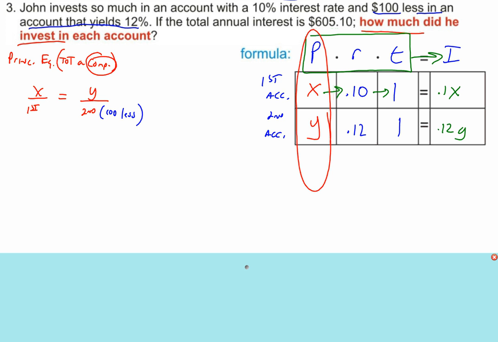So therefore, how do I make the two sides equal, right? That's the point. You got to make them equal. And you got to use the 100 to make them equal. So how do you use the 100? There's two ways. You can either add 100 to the correct side or take 100 away from the correct side. It's your choice. All right?